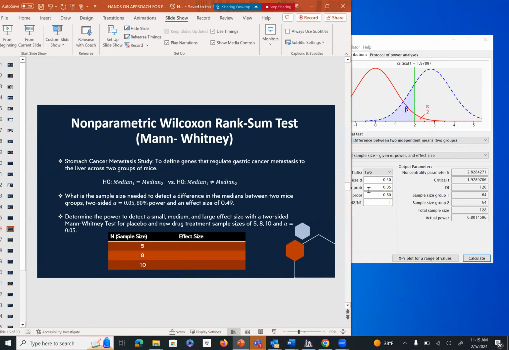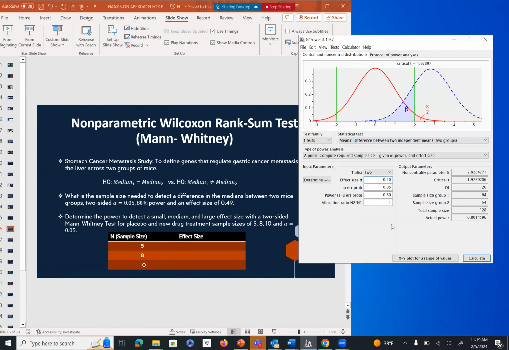Now, moving forward, the non-parametric Wilcoxon-Rank Sum test, also known as the Mann-Whitney test, is the non-parametric version of an independent sample t-test. The independent sample t-test is the parametric version, which assumes normal distribution, where the data tends to be spread around a central value with no bias towards left or right of the mean. So it's spread equally, showing a bell-shaped curve.